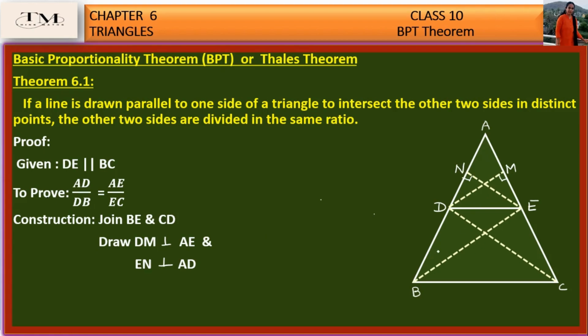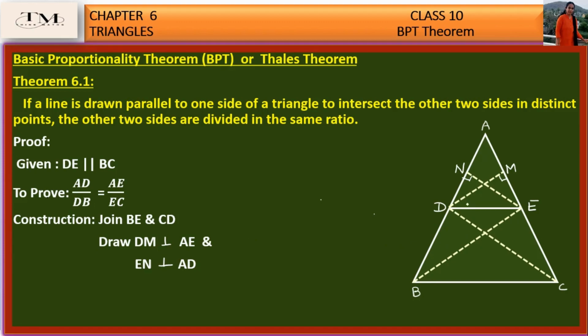Let me again say about the construction. We are going to construct two lines here, BE and CD. We need triangles BDE and DEC, so that when we find the area of the triangle, we will get BD and EC. So we are going to join BE and CD.